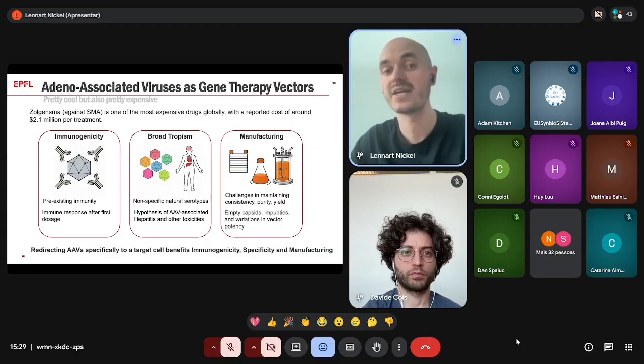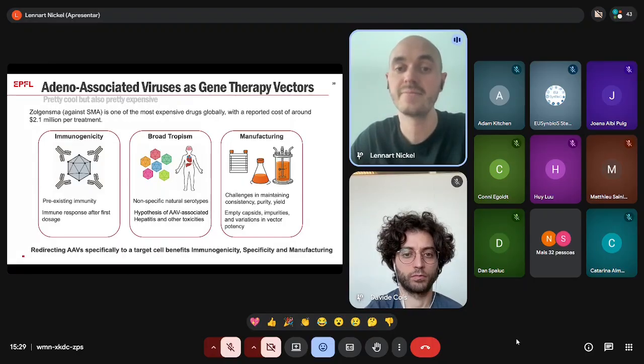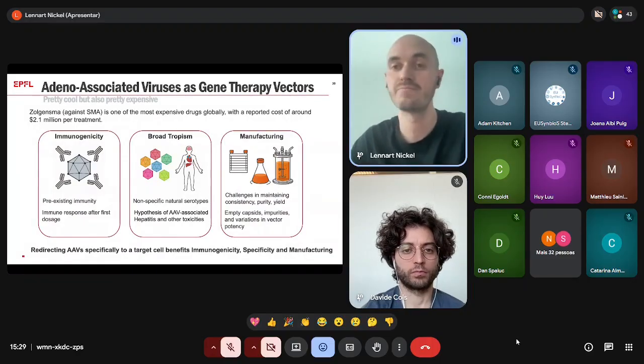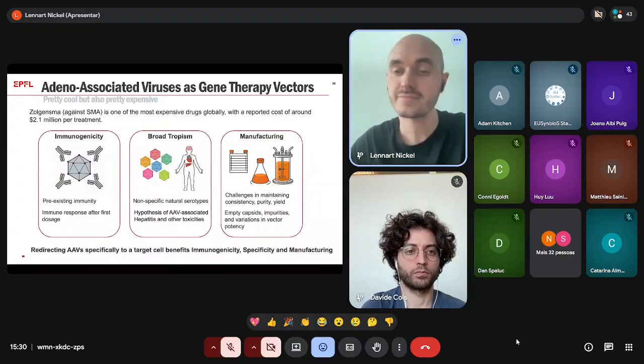They are super cool, but also incredibly expensive because they are quite hard to manufacture. You need a lot of them because they go everywhere in your body and you only hit a small fraction on target. They are quite immunogenic, so you have a one-shot therapy because it's a protein capsid, so your body will develop antibodies against the virus.